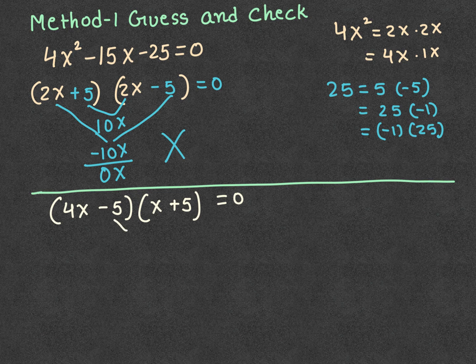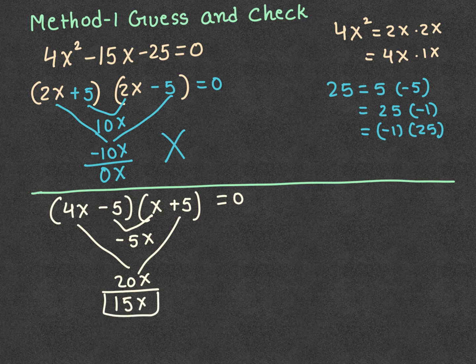Let's see if we get the middle term as negative 15x. When I get the x term this time, I got 15x, but this is positive. So still, this is not going to be our factors, but we are pretty close. All we need is that negative 15x.